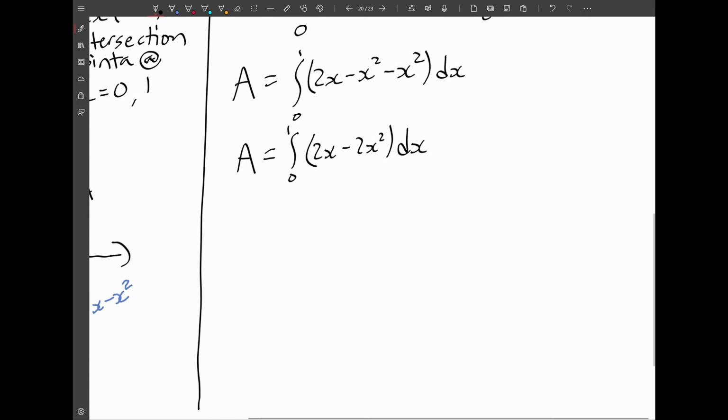Now we just take our definite integral. This is going to be 2x squared over 2 minus 2x cubed over 3 from 0 to 1.